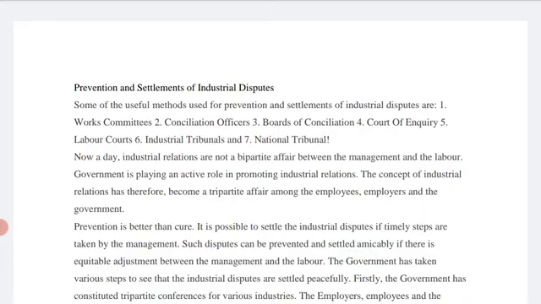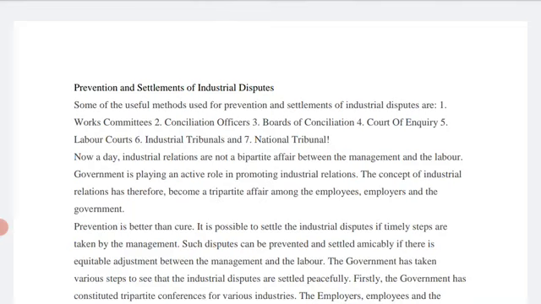So if we think that the production process and the industry should always be uninterrupted, then we are supposed to look after everything which can result in conflict. Let's see what different measures we can take to prevent and settle industrial disputes.